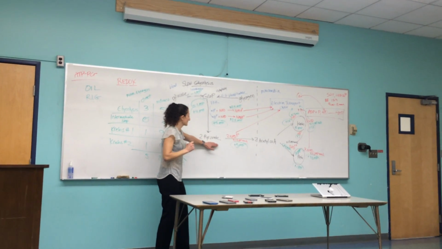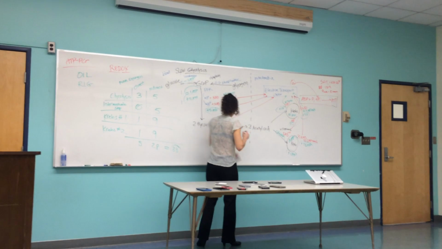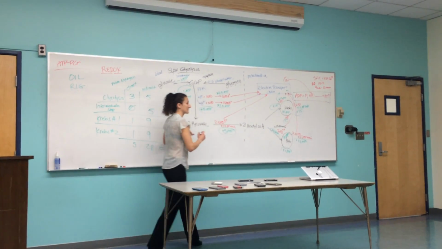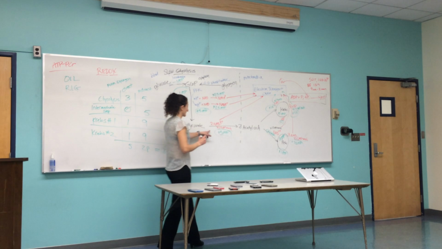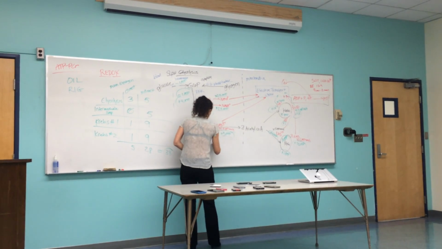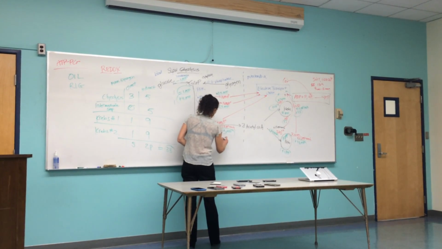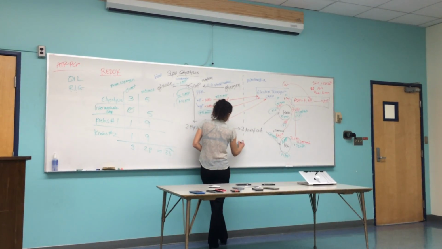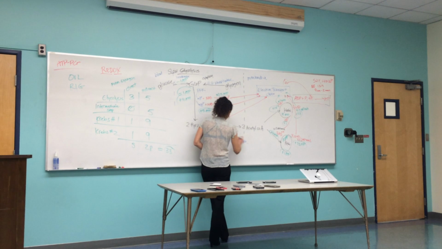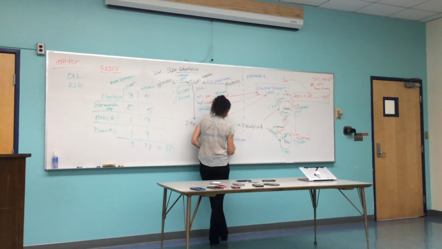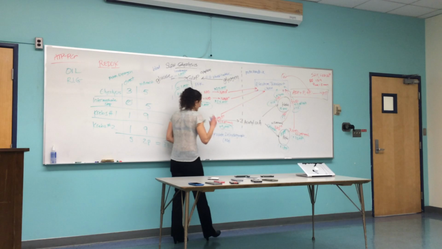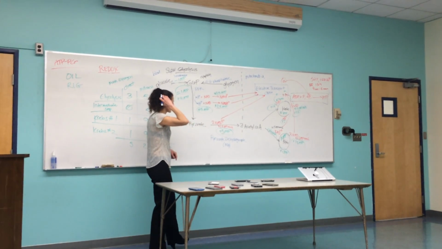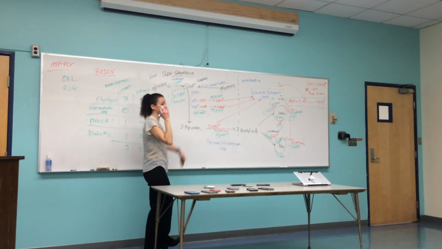Okay, from pyruvate to acetyl-CoA. Now LDH goes to lactic acid. Going to acetyl-CoA, we're going to have pyruvate dehydrogenase. What was the rate limiting enzyme of glycolysis?